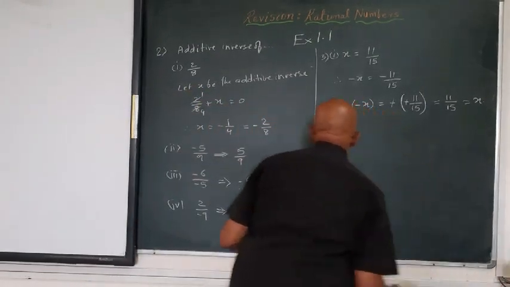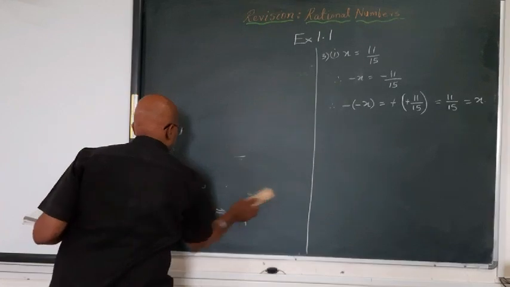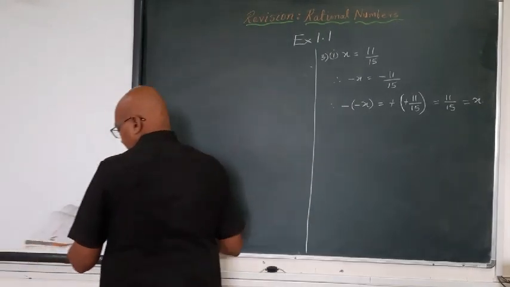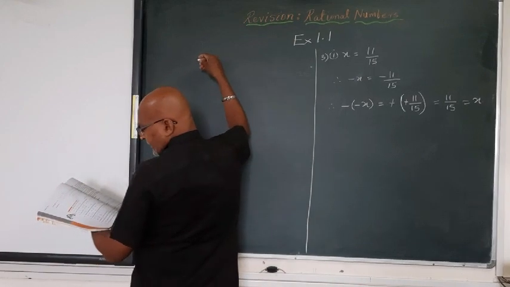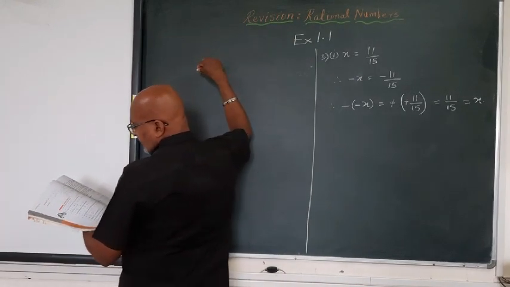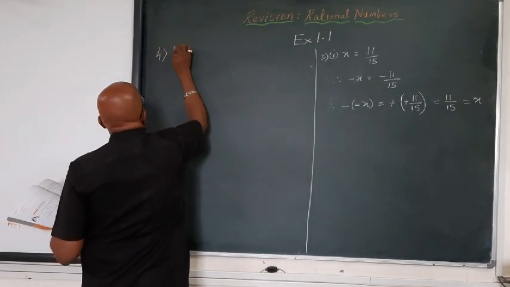Now next one is the fourth one. In the fourth one, find the multiplicative inverse of the following.